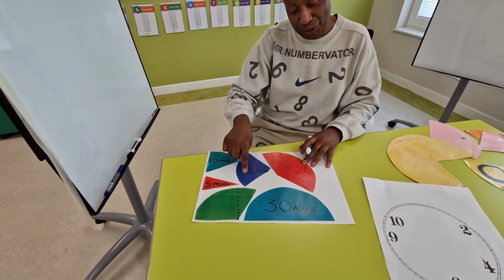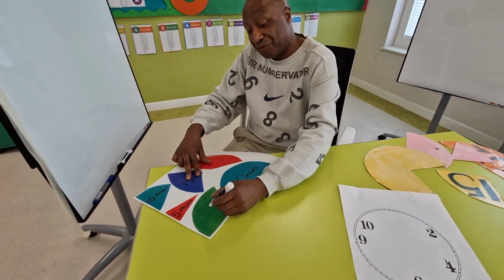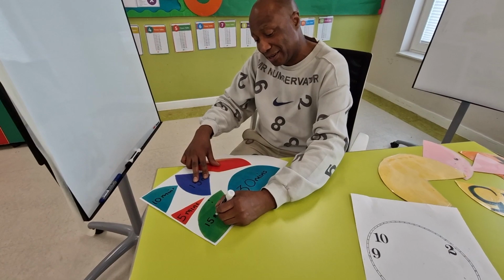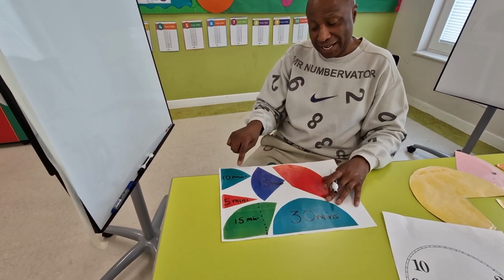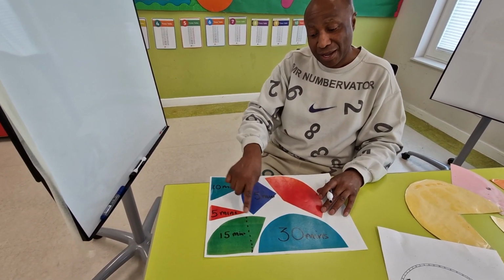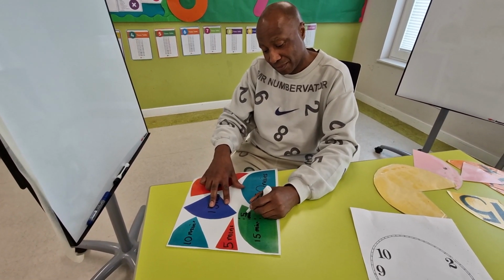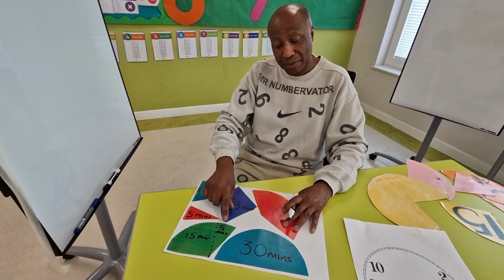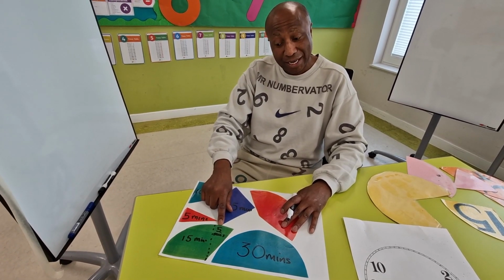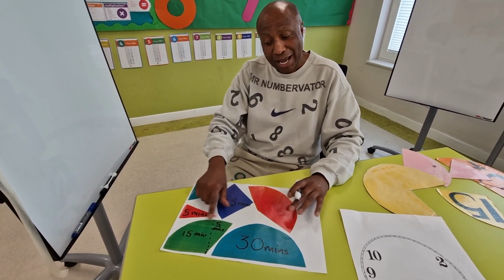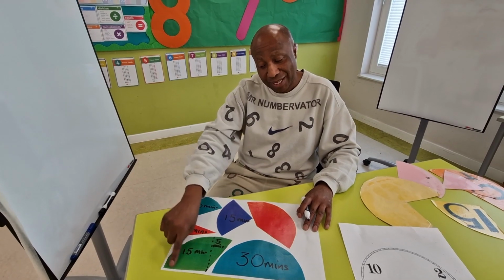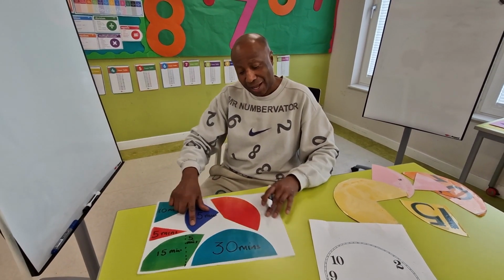So if this is worth 15, and this bit is worth 15, and if this is worth 5, and this one is worth 5, 15 plus 5 equals 20. So this sector is worth 20 minutes.